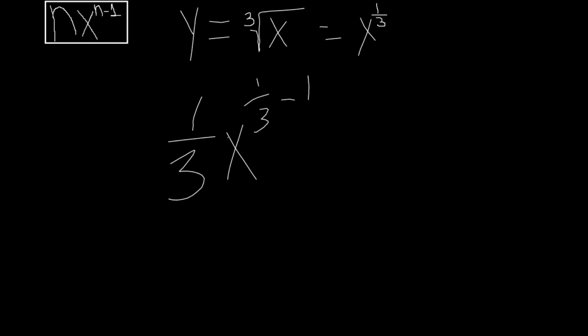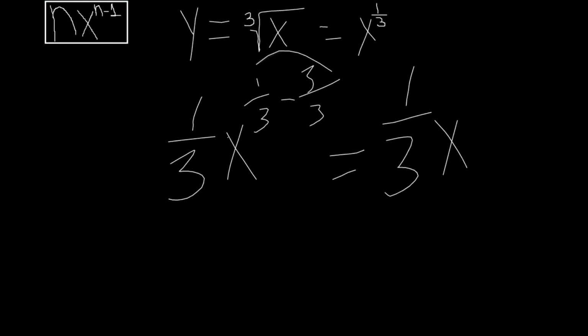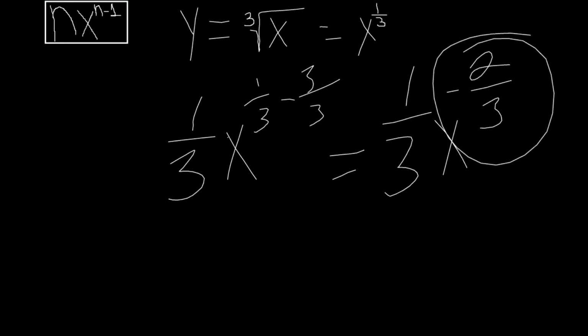Because we're subtracting, we have to have a common denominator. So 1 can also be rewritten as 3 over 3, and there we can subtract 1 over 3. When we subtract this, it's just negative 2 over 3. Now, if you look at this, there's something obviously incorrectly written.